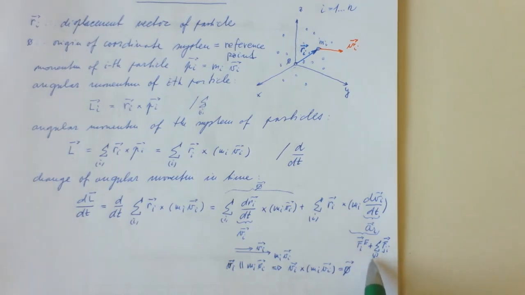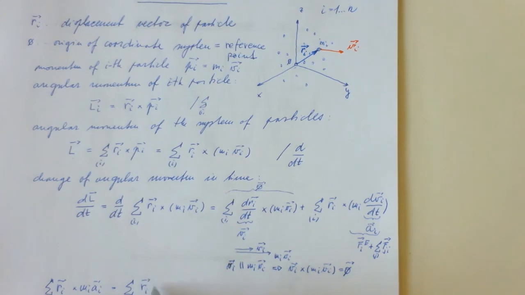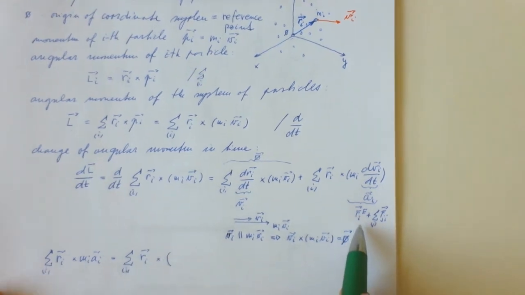Okay, so we get subsequently that the sum of Ri cross mi ai is equal to the sum of Ri cross this, what we said.